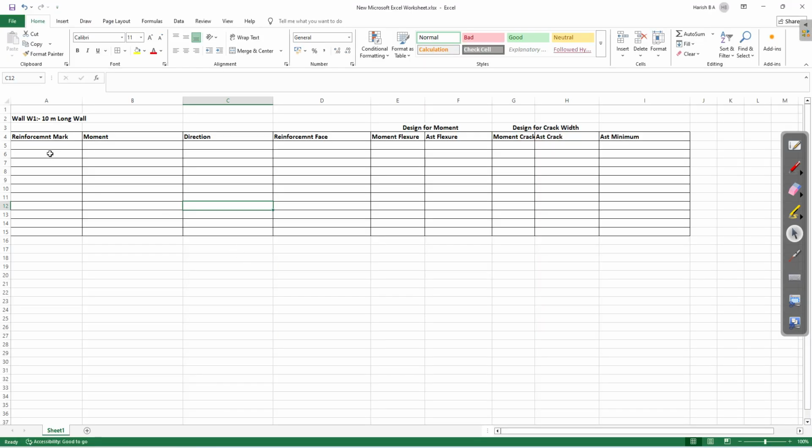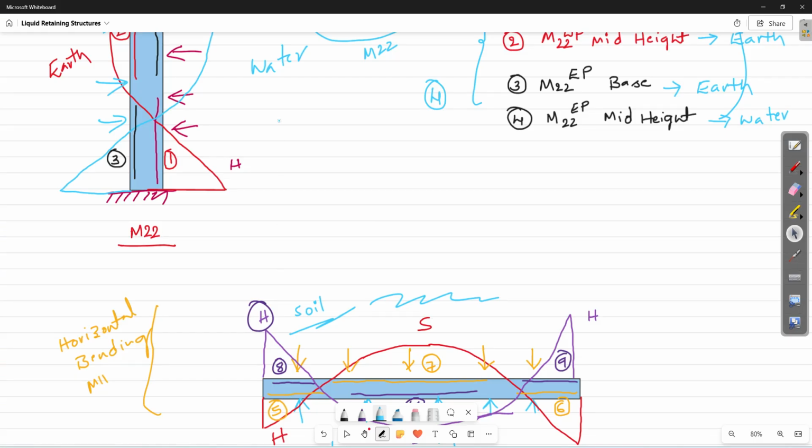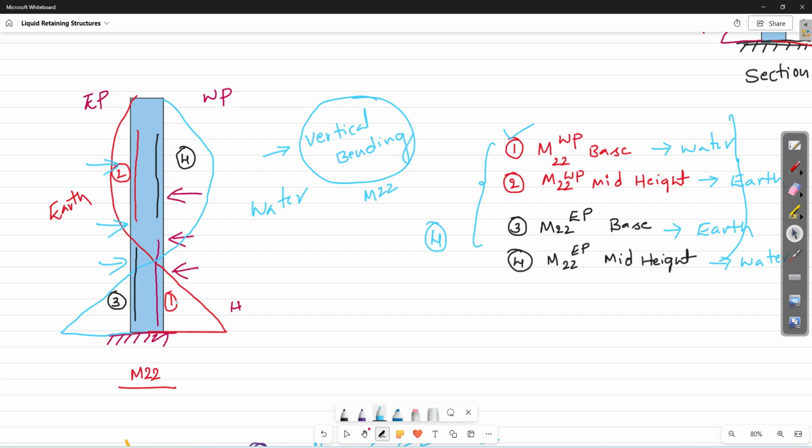Okay. So next, reinforcement mark. So you just go to your whiteboard. So this is the 10-meter wall.